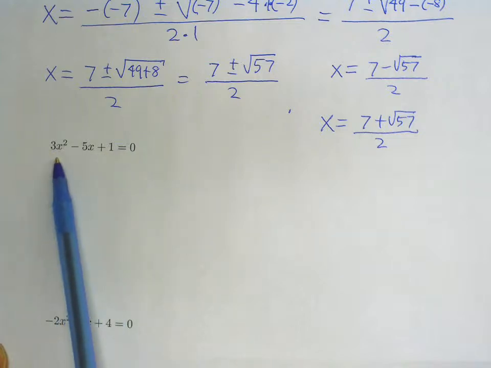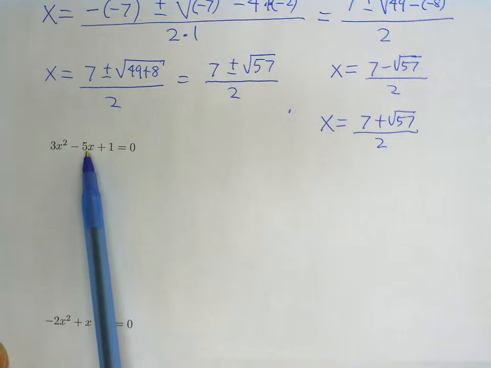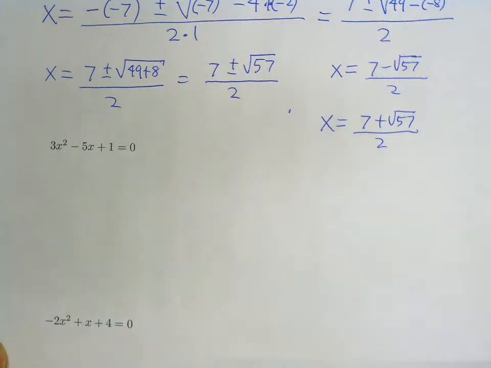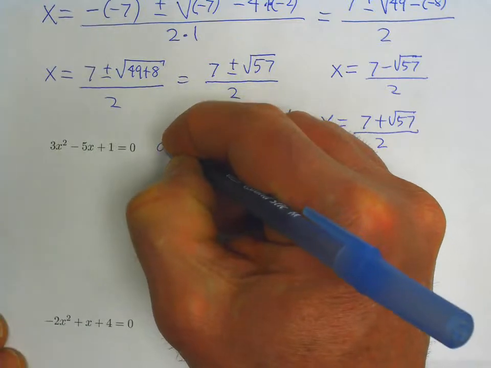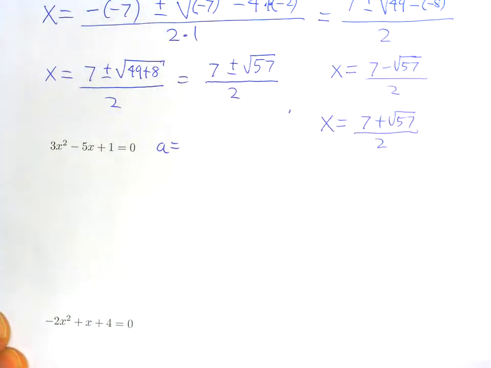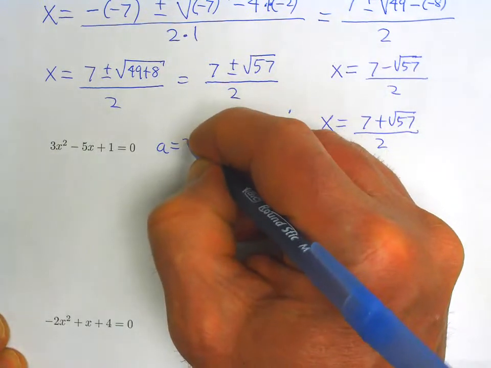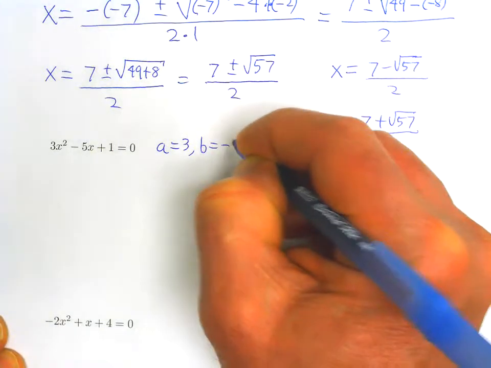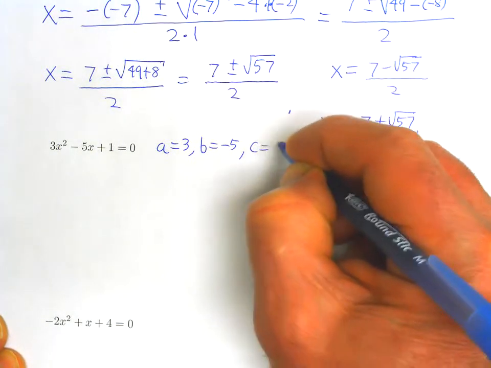The term on the left has the largest exponent, x to the second. The middle term has x to the first, and then the constant is on the right. So we can tell now that a is 3, b is negative 5, and c is positive 1.